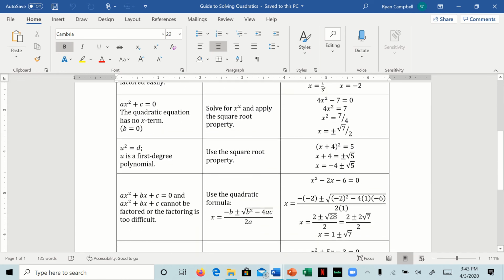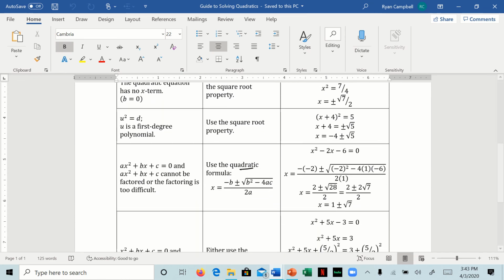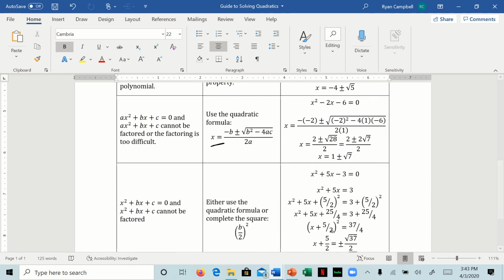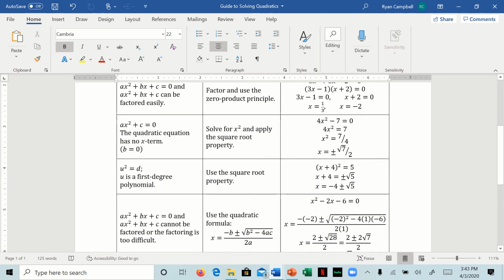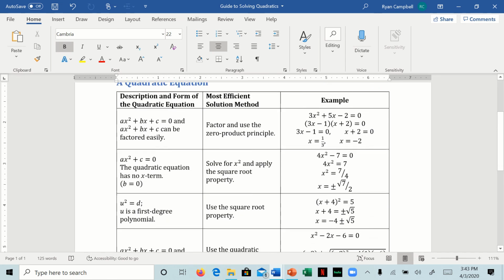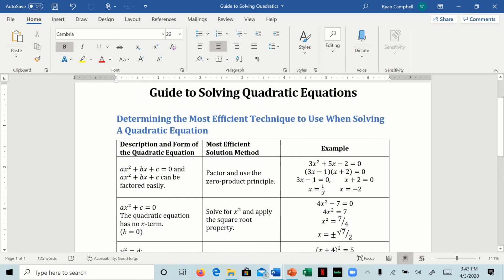You can always use the quadratic formula, or completing the square, and those always work. But it's not going to be the easiest way all the time. Having more of these in your back pocket will give you the ability to do things a little easier in the future.